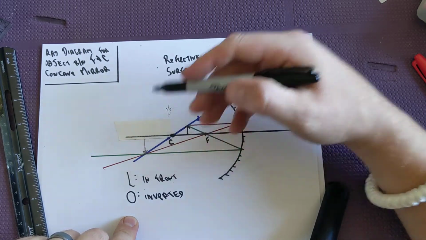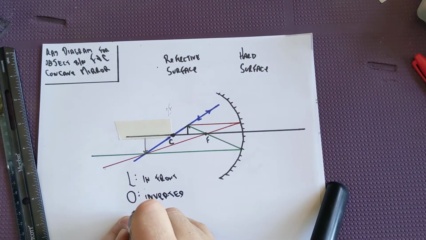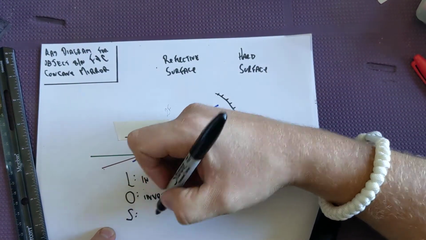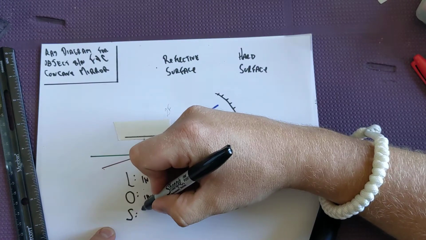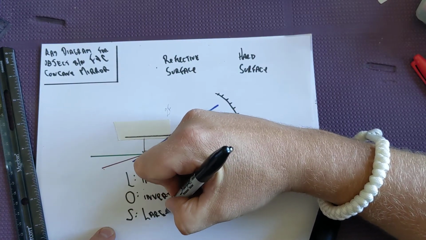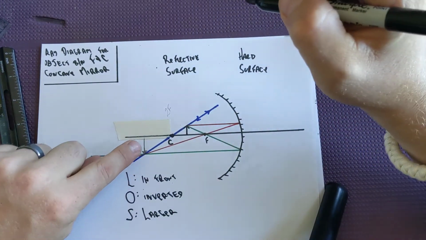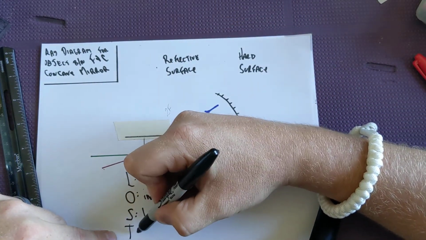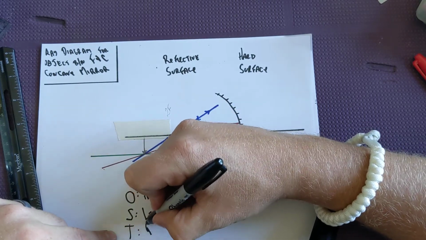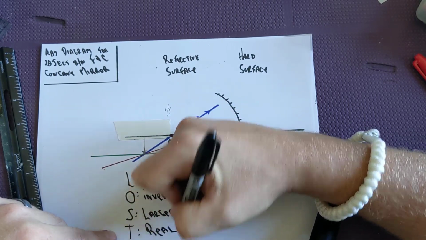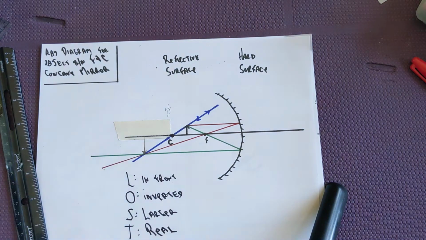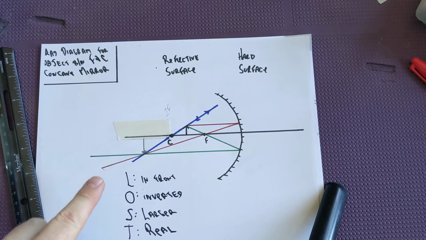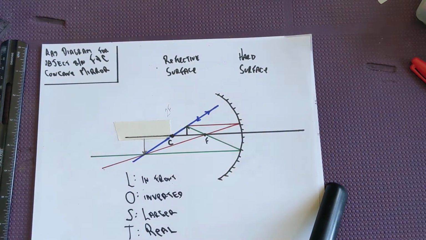The image is pointing down. The size of our image is larger, right? The image is larger than the object, and the type is real. Okay, we've got a real image here because it's the reflected rays that are lining up.